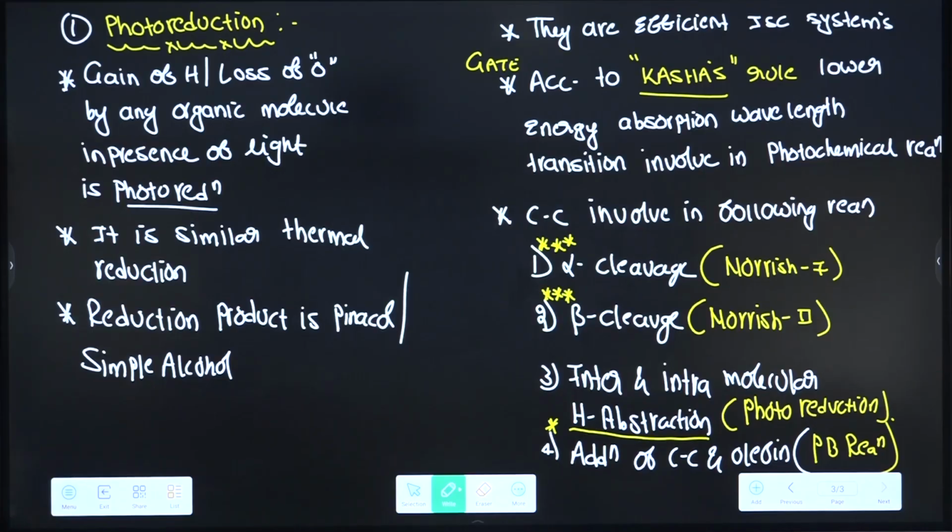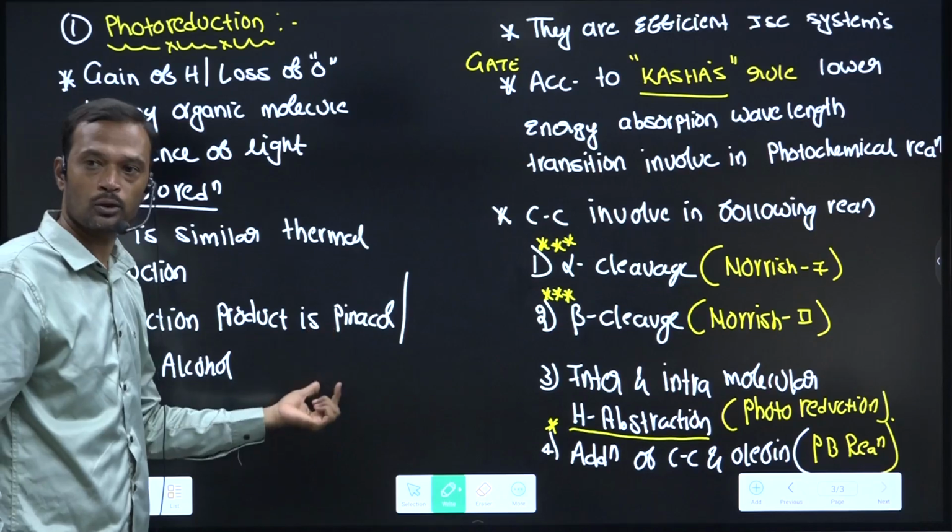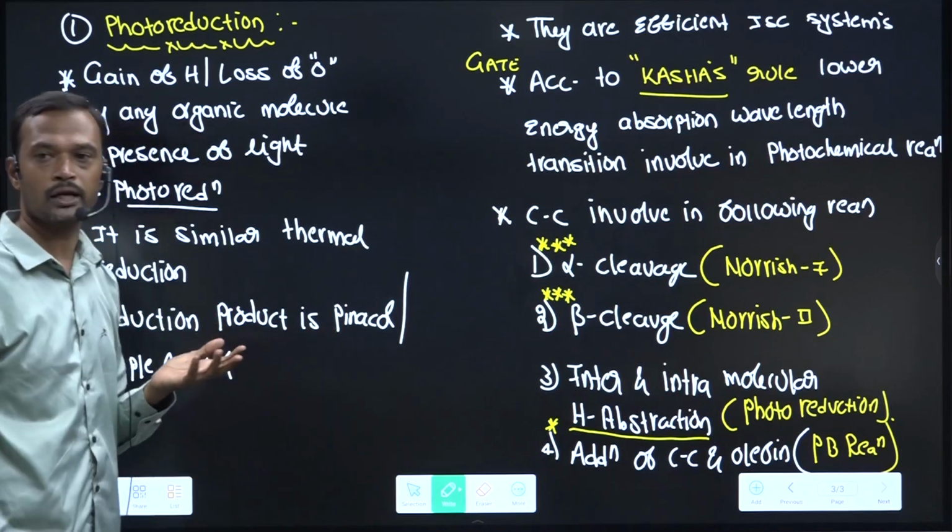What is pinacol? Don't say pinacol rearrangement. You are very familiar with that pinacol word, because in name rearrangements, while starting, anyone will start with pinacol. What is pinacol? 1,2 diol. 1,2 diol is pinacol, or 1,2 ditertiary alcohol.